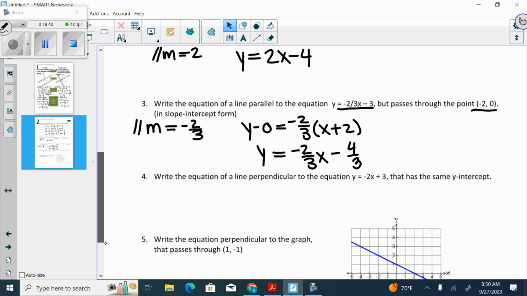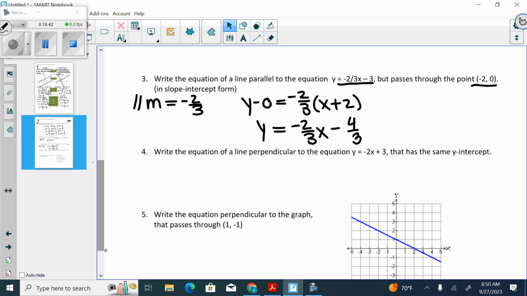Okay, number 4. This time they said they want a line that's perpendicular to the one given. So what's our slope going to be? Reciprocal, right? So that would be positive 1/2. Okay? Has the same y-intercept, so what's my equation going to be? 1/2 x plus 3. Good.